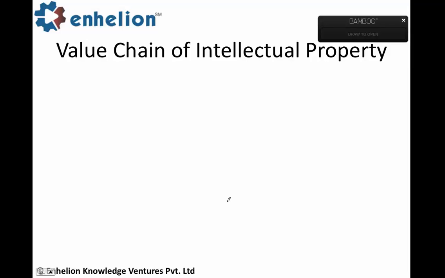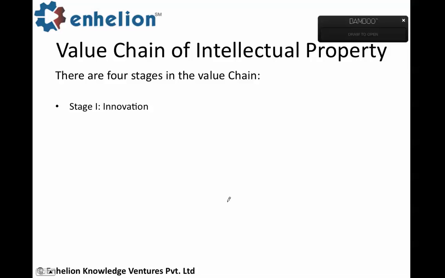Now, the IP value chain explains the four stages of intellectual property creation. The four different stages of the IP value chain are innovation, which can also be termed as creation.